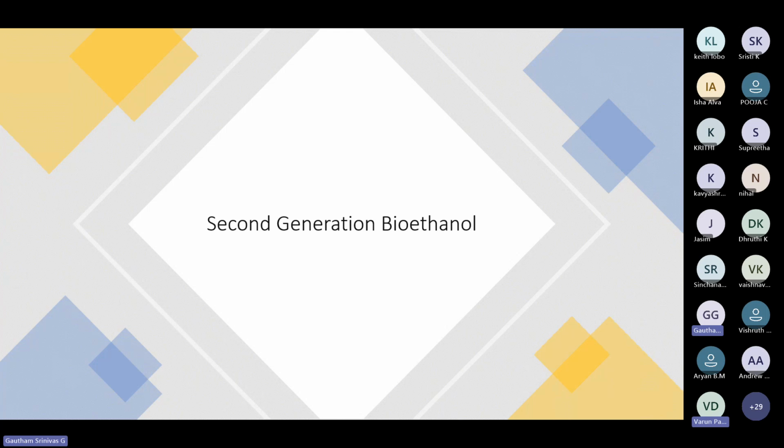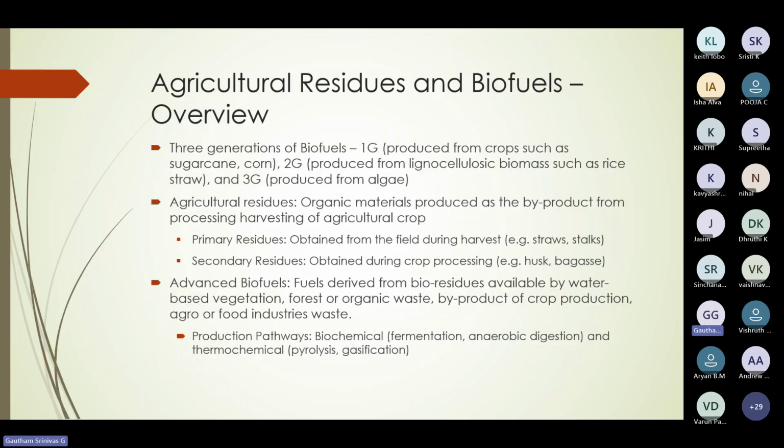We spoke about this in brief in a few of the previous lectures. So a recap of the agricultural residues and the biofuels. There are three generations of biofuels. The first generation is where ethanol is produced from crops and grains such as rice, maize, wheat, etc., from the grain itself.